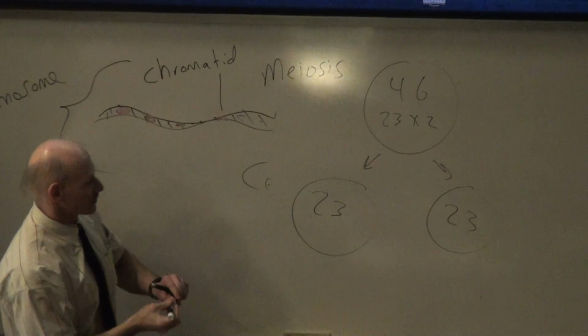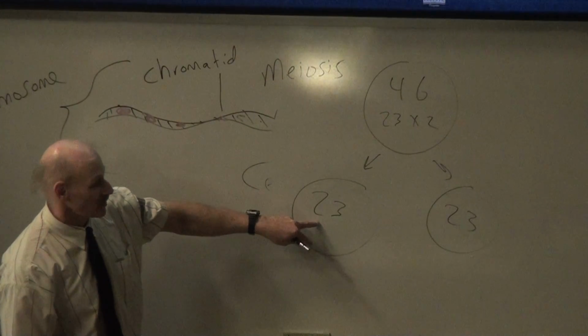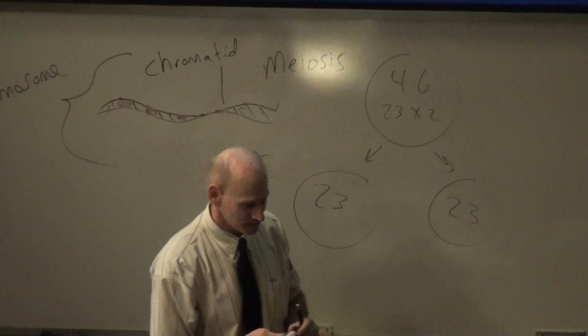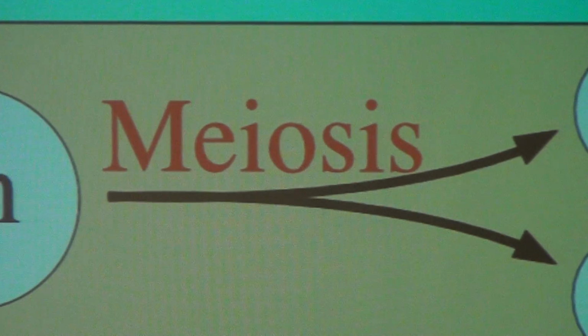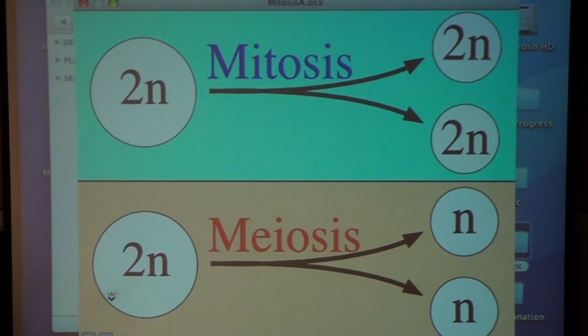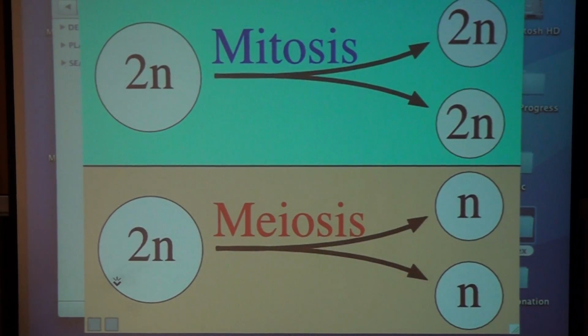So this daughter cell only has one chromosome number 1, and one chromosome number 2, and one chromosome number 3, all the way, so one set of 23, and the same with the other daughter cell there. Meiosis is sometimes called reduction division, and you can see why. You're going from 46 chromosomes, you're reducing the number to just 23 chromosomes, just one set of chromosomes per cell.